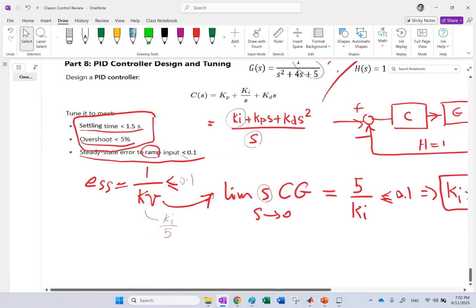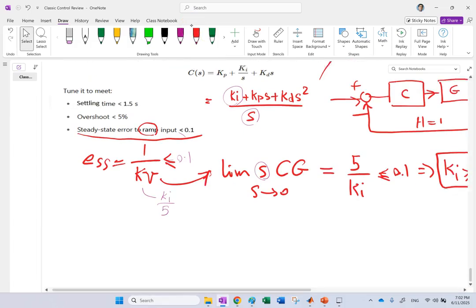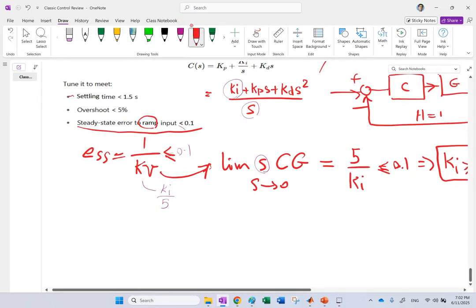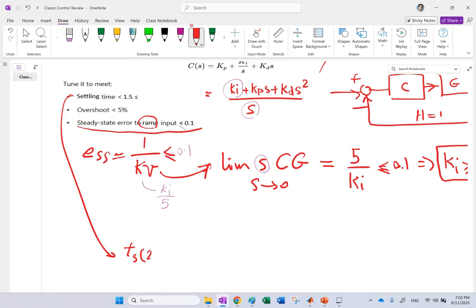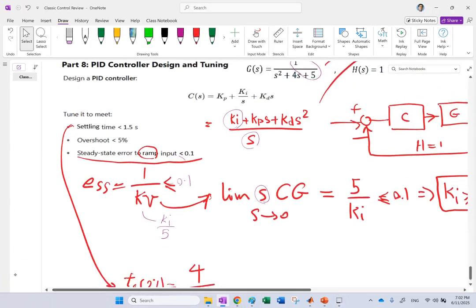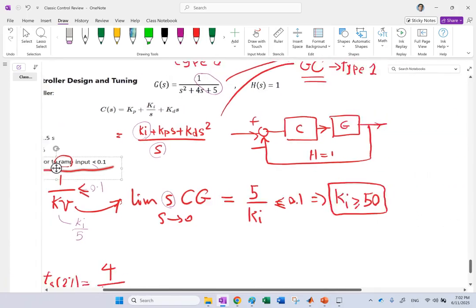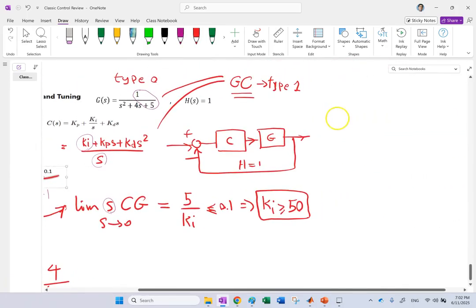Now, how would you go about those two other characteristics, settling time and overshoot? Well, you know, for settling time, if I use the 2% criterion, this is 4 over zeta omega n, and here by zeta omega n, I'm talking about the dominant poles. Your closed loop system in this case is gc over 1 plus gc, right? Use closed loop transfer function.